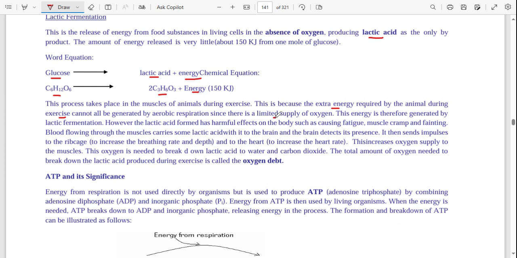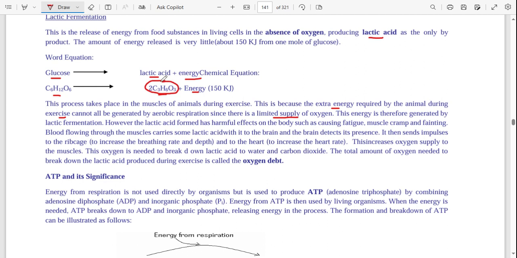So you have got limited supply of oxygen. But then you need oxygen to generate energy. So what happens if you don't have enough oxygen? The body will start to make energy without oxygen. And in the process, as you are making that energy, you are producing lactic acid.